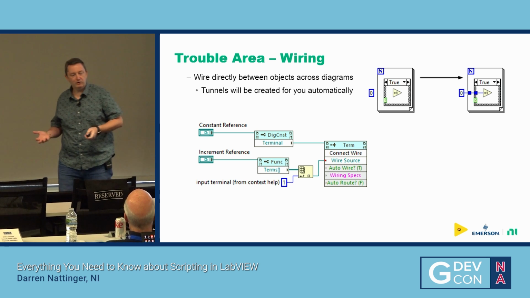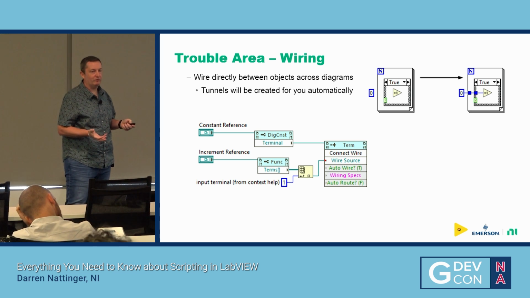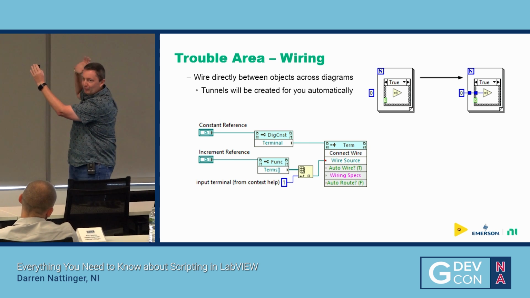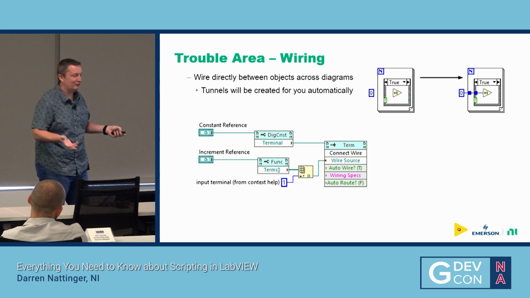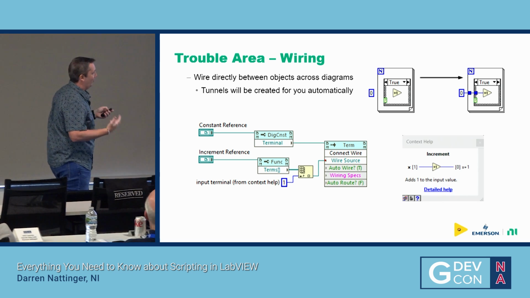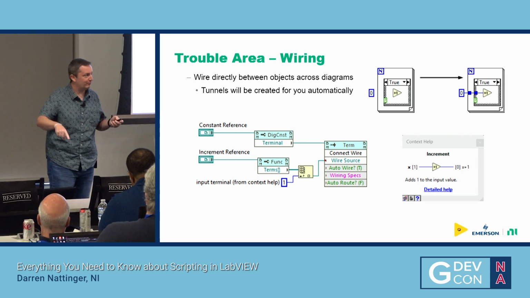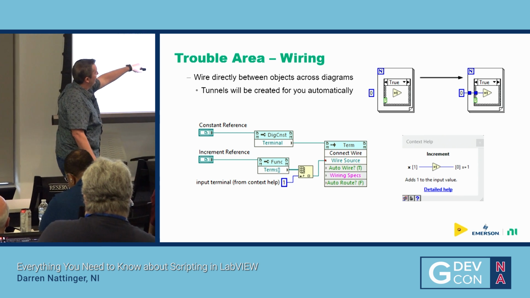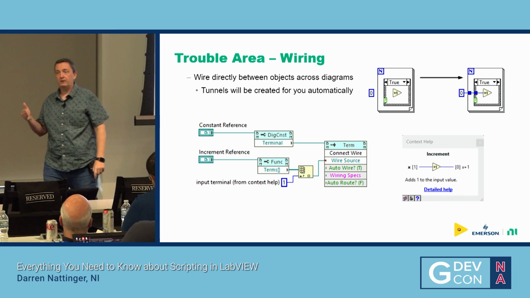Now, how did I know to wire a 1 to the list of terminals for the increment function? It seems like the one on the left should be terminal 0 and the one on the right should be terminal 1, right? Isn't that instinctively what you would assume? Well, your instincts are wrong, because one of the things you get whenever you turn on scripting in LabVIEW, when you go to Tools Options, like I talked about 300 slides ago, is you get the little indices in the context help window that show you which index in the terminal array different terminals are.